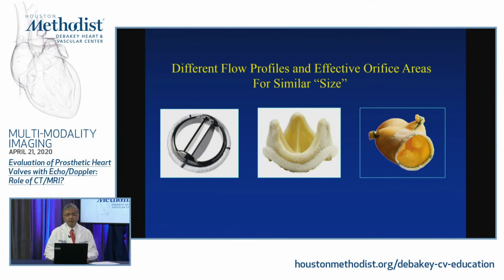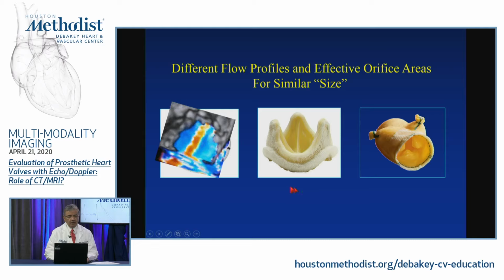The other is probably one caveat regarding mechanical valves, particularly the bileaflet prosthesis. If you see here, there is an acceleration of velocity between the two leaflets. What this means from a flow dynamics standpoint is that the velocity is higher there.